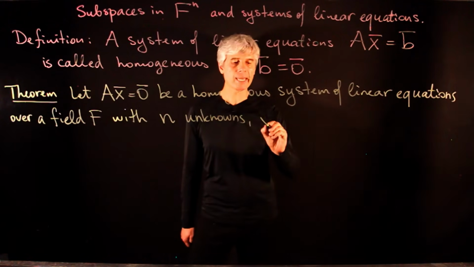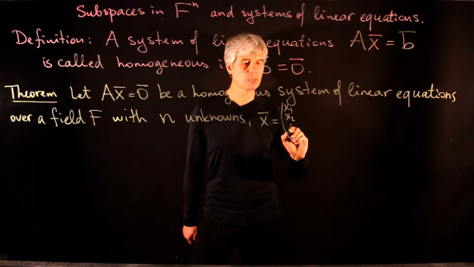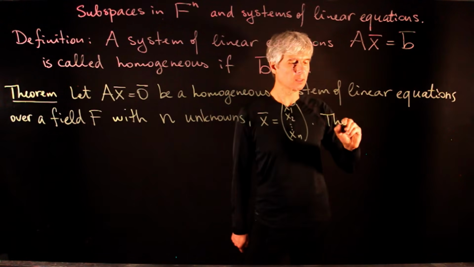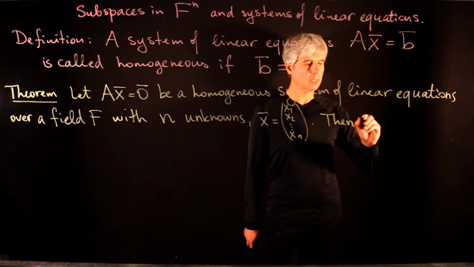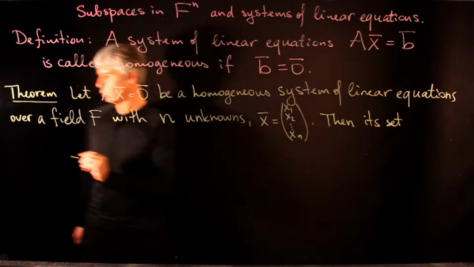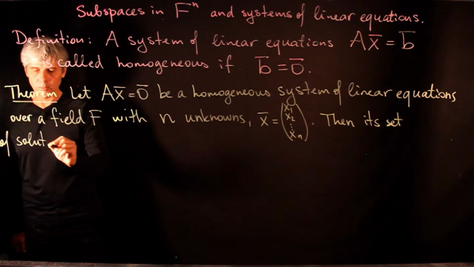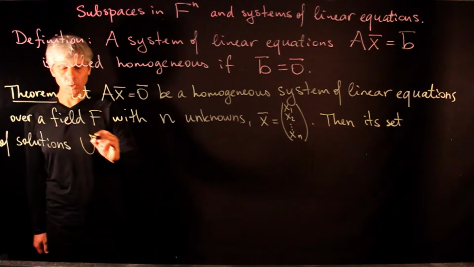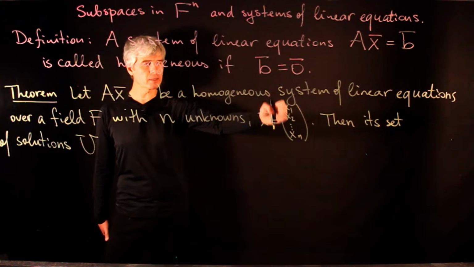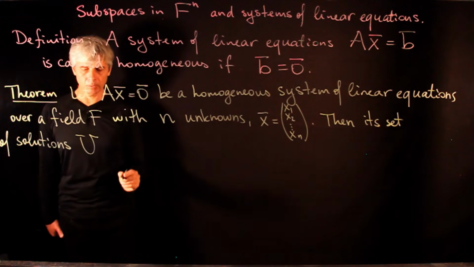So this means that X here is the column x1, x2 up to xn. So then its set of solutions U: we take all the n-tuples in F that satisfy this system of equations.